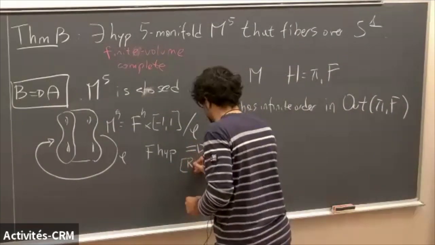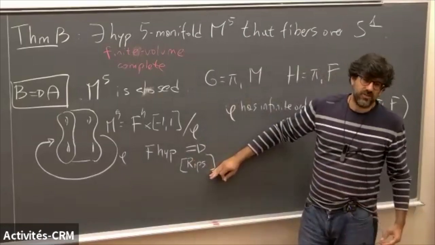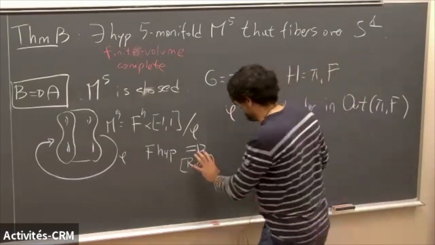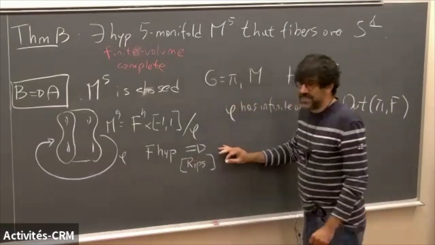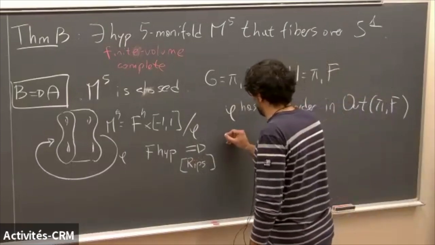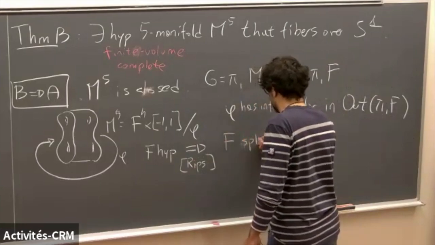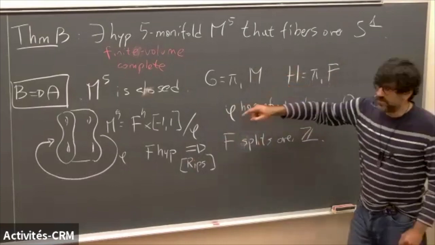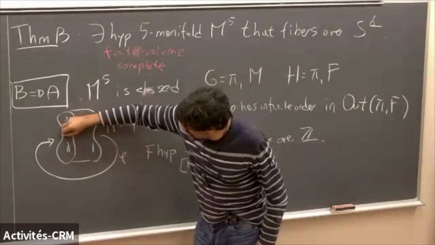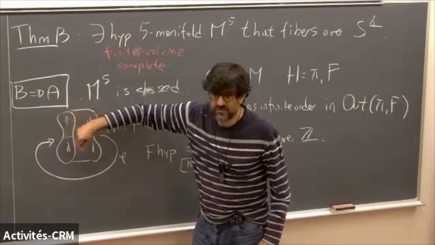Then you use Rips theory. If you don't know what Rips theory is, you ask your neighbor, who certainly knows better than me. The consequence of this fantastic theory, which I use as a black box, is that F splits over Z. This is not a contradiction in dimension 3, because the fiber is a surface, and the surface group splits over the fundamental group of a curve.